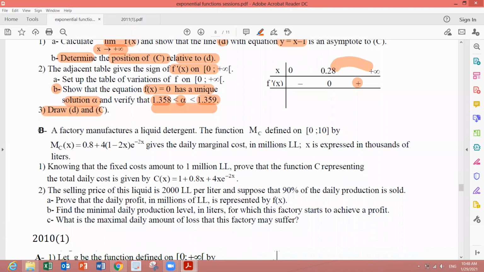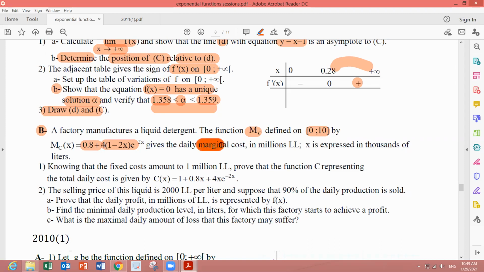Now, economic part. A factory manufactures a liquid detergent. The function MC, marginal cost, defined on [0, 10], also pay attention to this interval, by the marginal cost equal 0.84 into 1 minus 2x e power minus 2x gives the daily marginal cost.